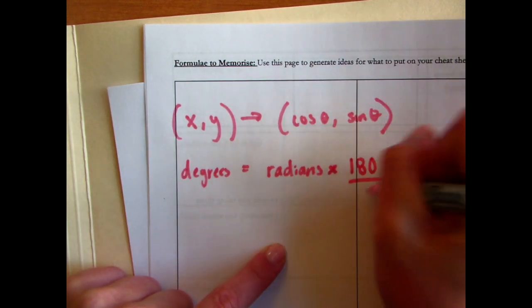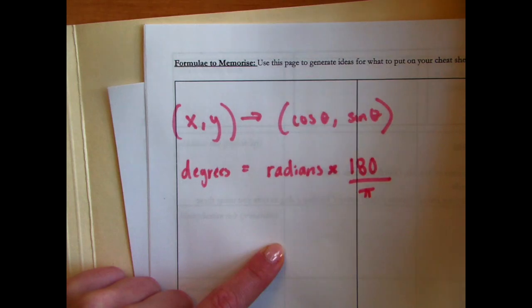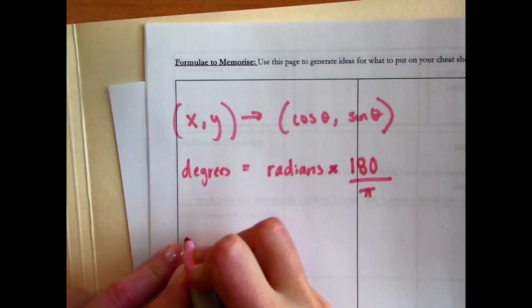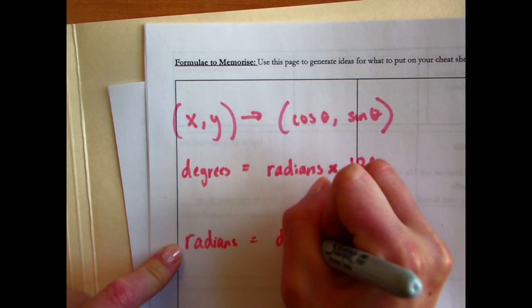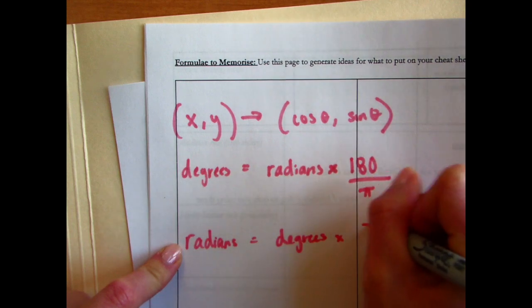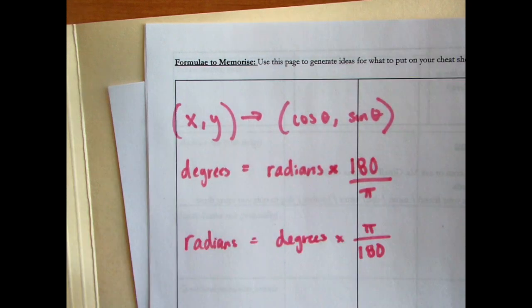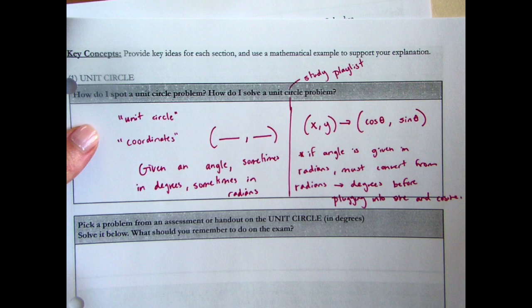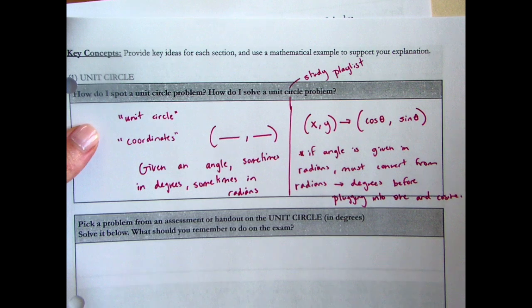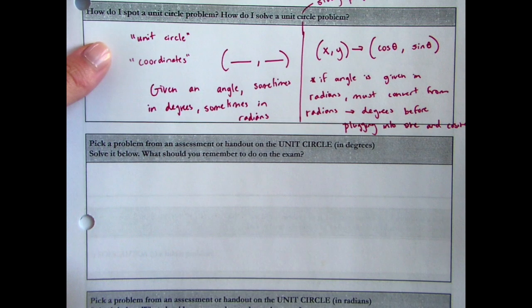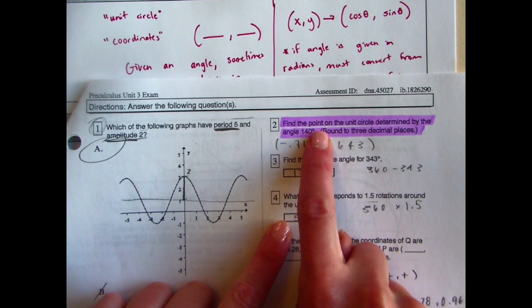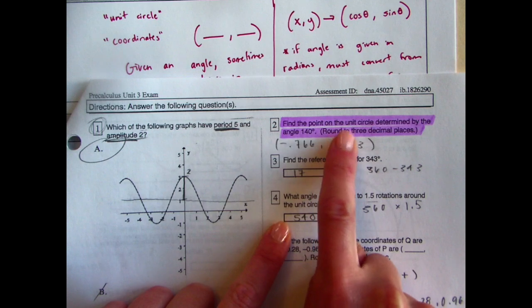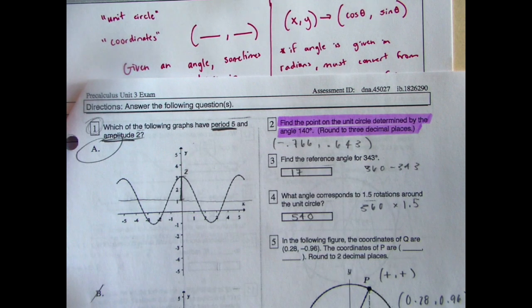I know the x-coordinate is going to correspond to the cosine of 140 degrees. The y-coordinate is going to correspond to the sine of 140 degrees. I'm going to plug these into my calculator and get negative 0.766, 0.643. So I'm going to separately plug in the cosine of 140 and then separately plug in the sine of 140 into my calculator.